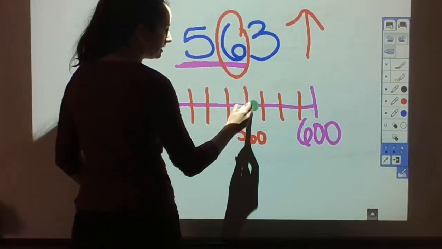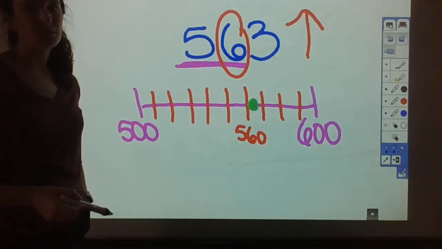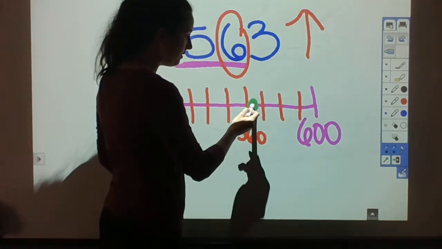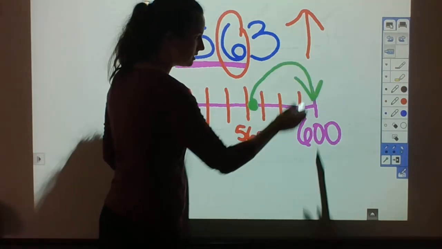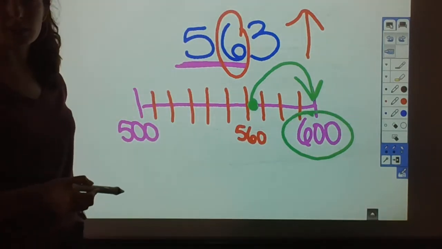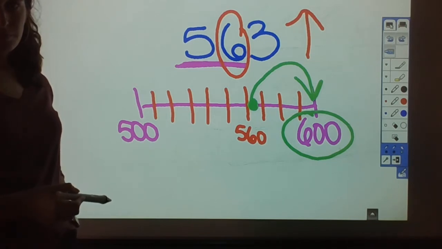So it's going to land somewhere on this spot. I know that 6 is going to round up. So 563 is going to round up to 600 when rounding to the nearest 100.